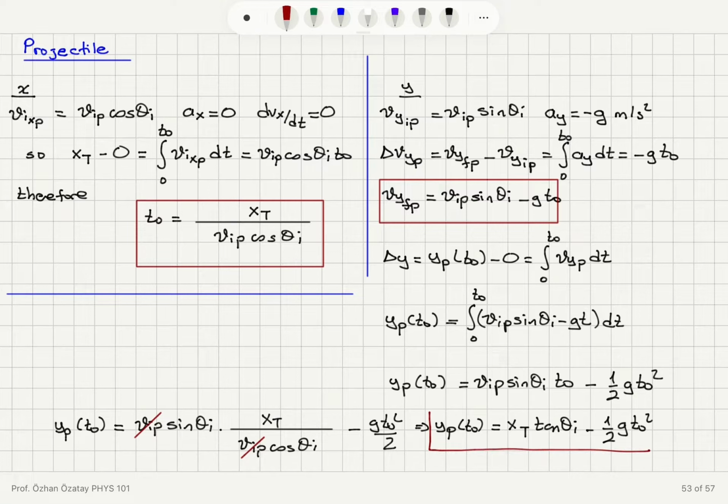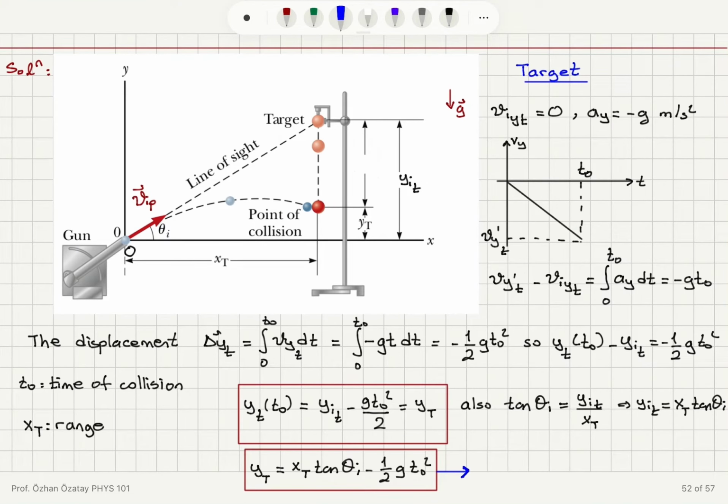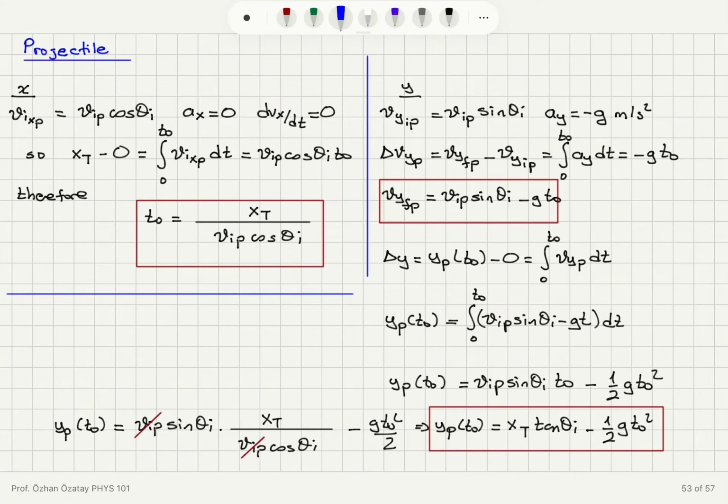So this is my final answer for the position of the projectile at time t equals t0. I compared it with the final position of the target, which is x_t tangent theta initial minus 1 over 2 g t0 squared. It's the same answer here.